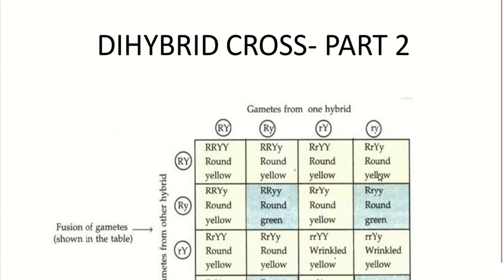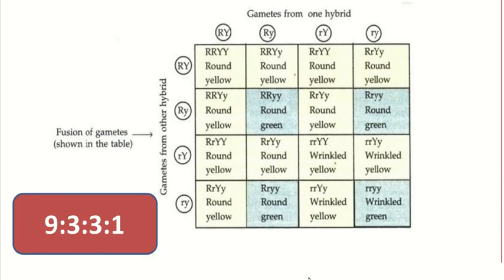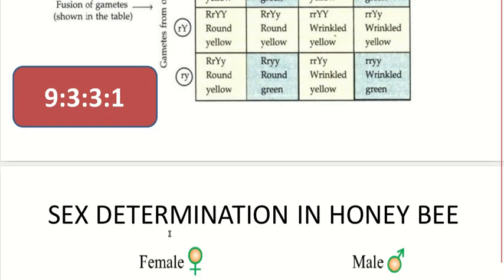You can put the checkerboard and cross, and you find that the phenotypic ratio is 9:3:3:1. Round yellow is 9, 3 of them are round green, 3 are wrinkled yellow, and 1 wrinkled green.